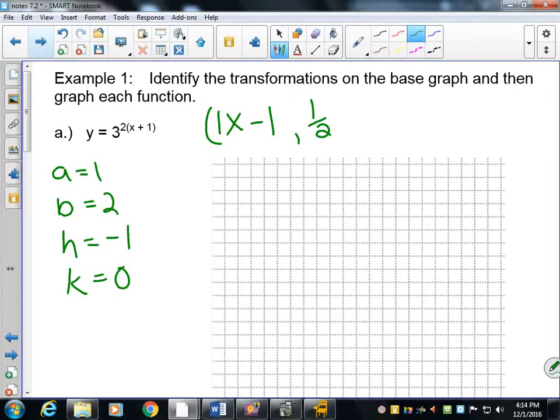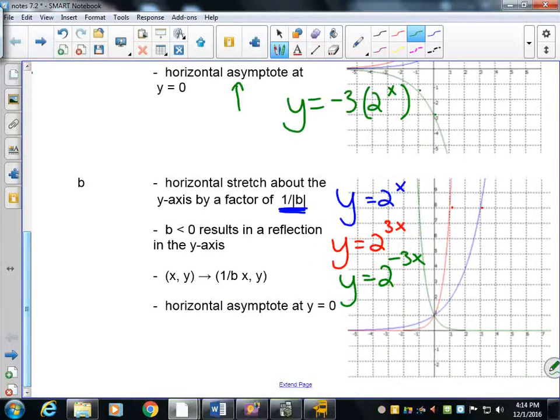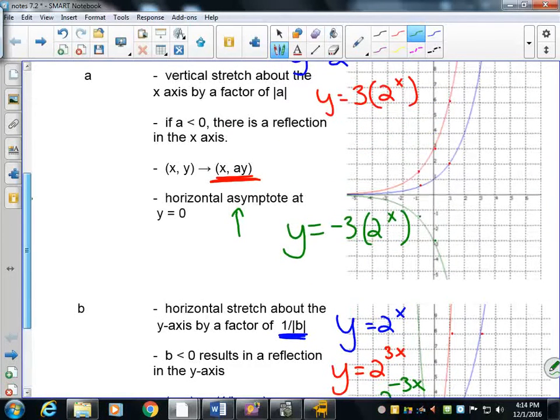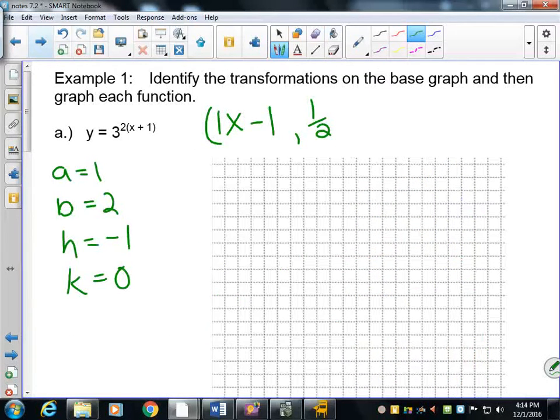Sorry, my b values, I got to go back here. My b values deal with x. My a values deal with my y values. Sorry, I got it backwards. So we got to come back here. My a values deal with y, so this should say 1y.